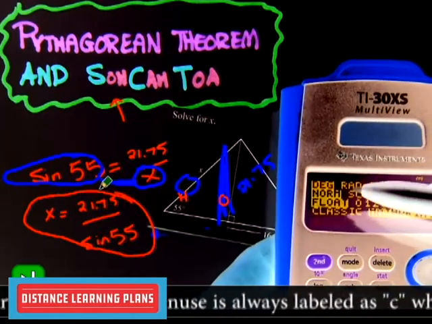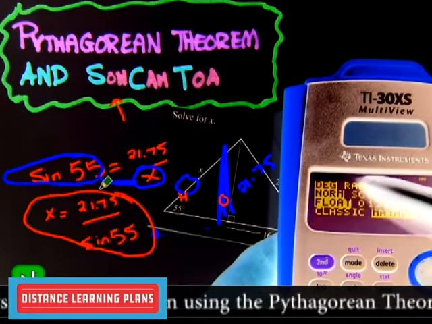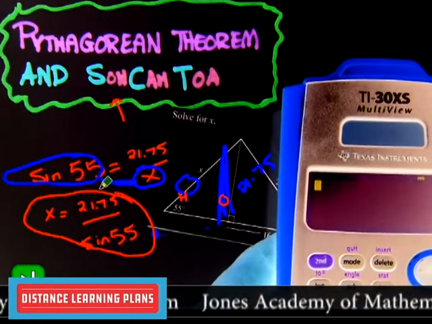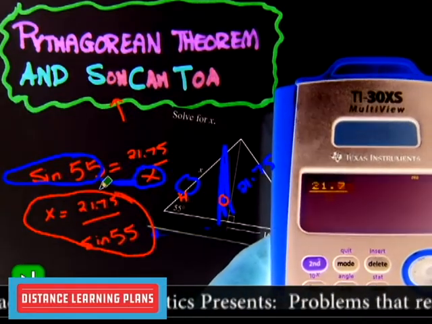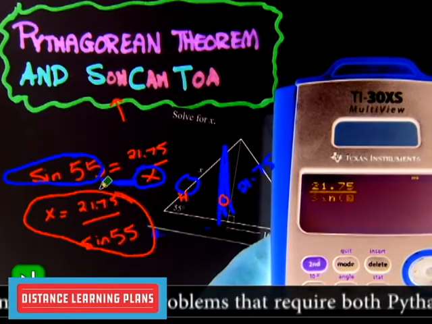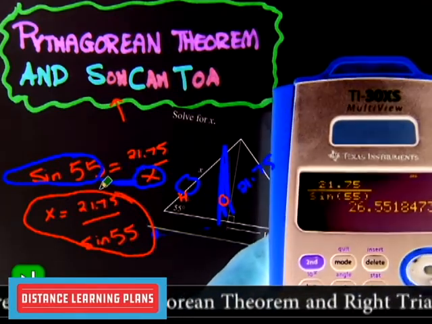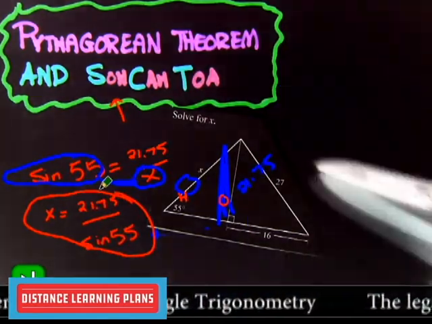Make sure it is in degrees mode, not radians mode. If you're using a calculator you downloaded on your phone, sometimes they come already in radians mode. You don't want that. So I'm going to hit the fraction button and put 21.75 over sine 55. And when I hit enter, it should give me the answer 26.55. That is the length right there.